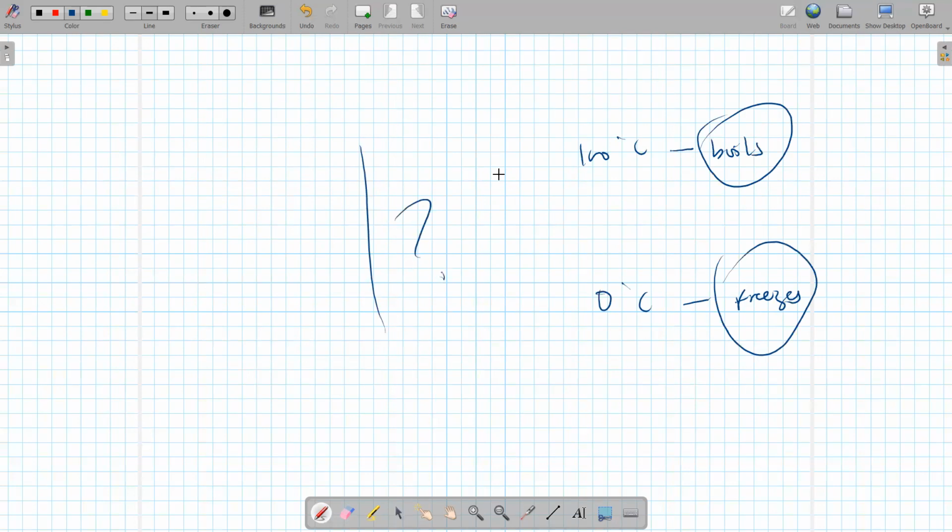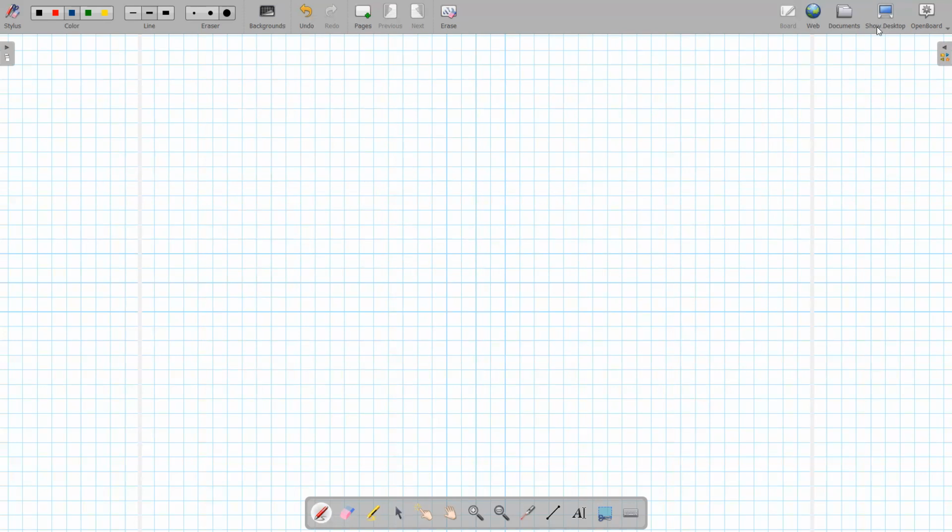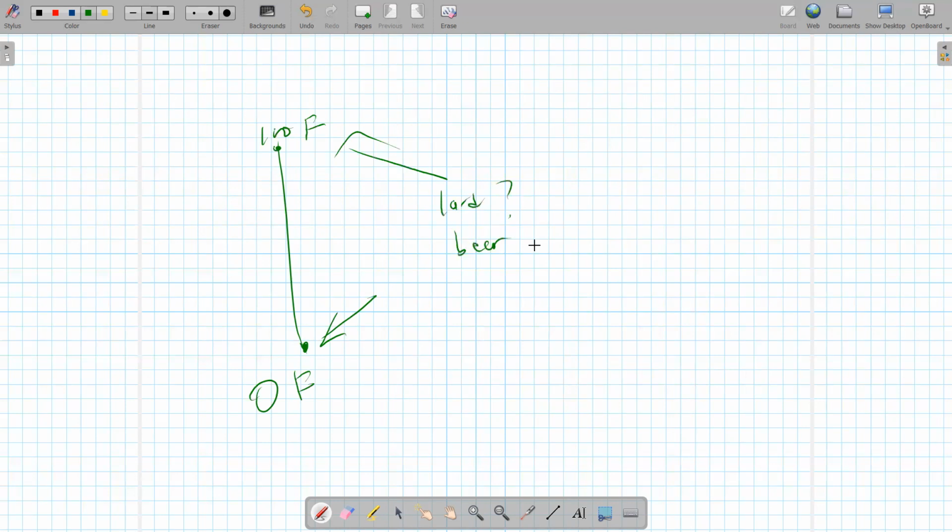Fahrenheit, who knows? There's some weird story behind it, I am sure. If I remember right, it's the temperature when Fahrenheit is 0 or when Fahrenheit is 100, something boils. It's not water. I'm trying really hard to think of this. I think it's lard or beer or something from the 1800s.